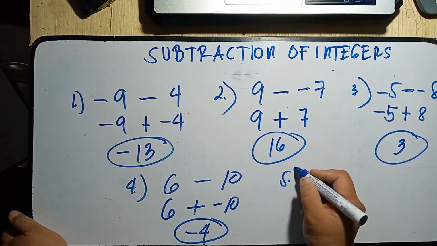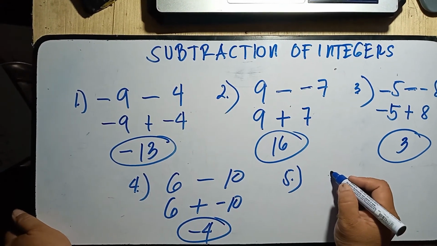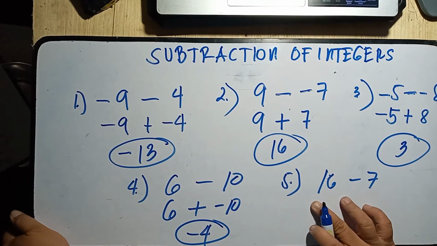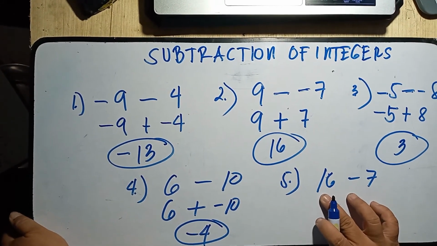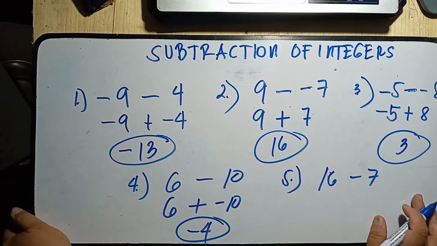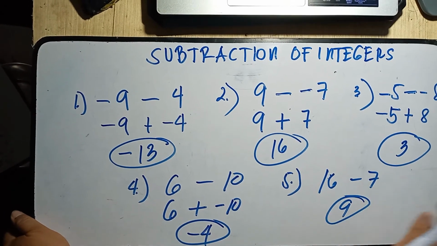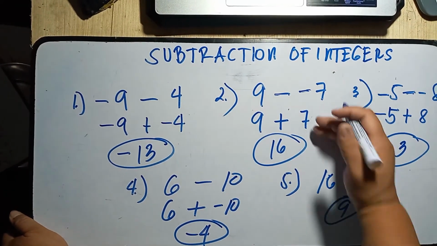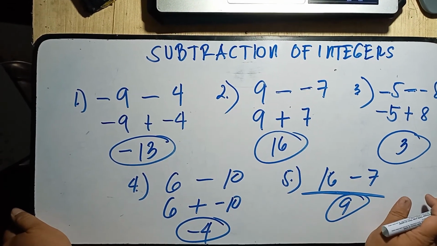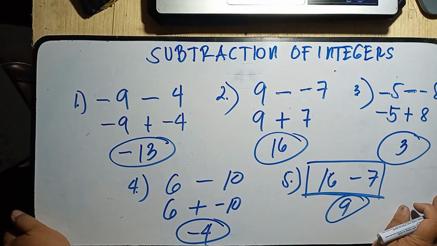Another, last number, we have 16 minus 7. This is just a common subtraction. In your elementary, what is 16 minus 7? So that is 9. You don't need to do these steps in subtracting two positive integers or whole numbers.